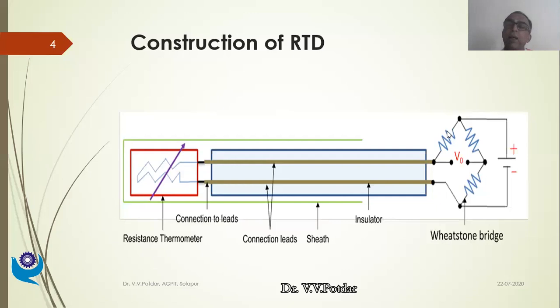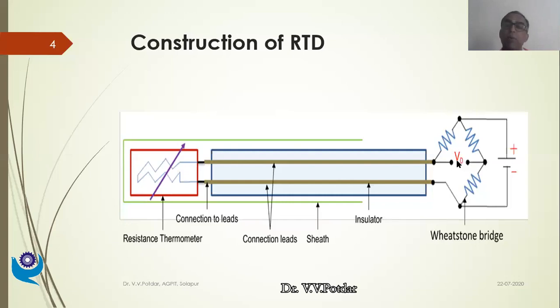If you remember, the Wheatstone bridge has 4 arms, and correspondingly 4 resistances R1, R2, R3, R4. We saw the condition for balancing also: R1 by R2 is equal to R3 by R4. This is the supply voltage given to the Wheatstone bridge as input, and this is the output voltage tapped out of the bridge.